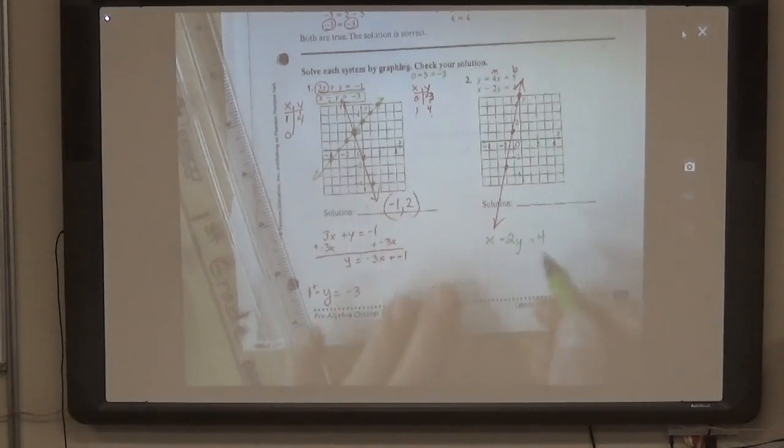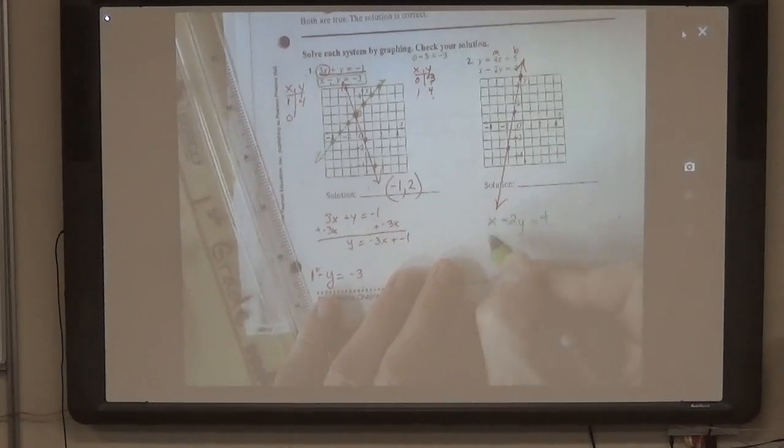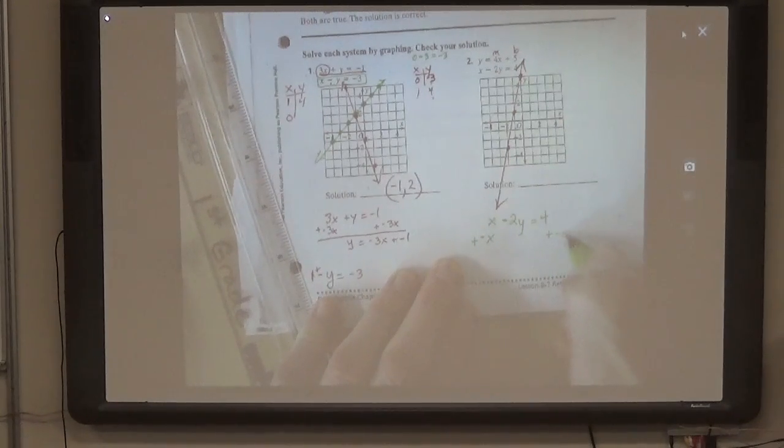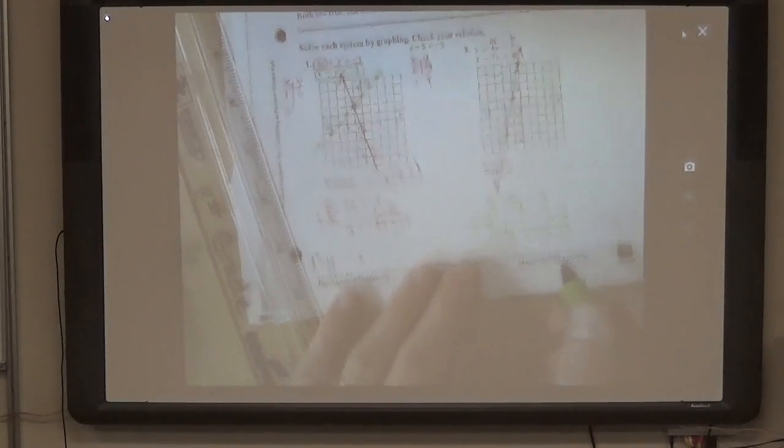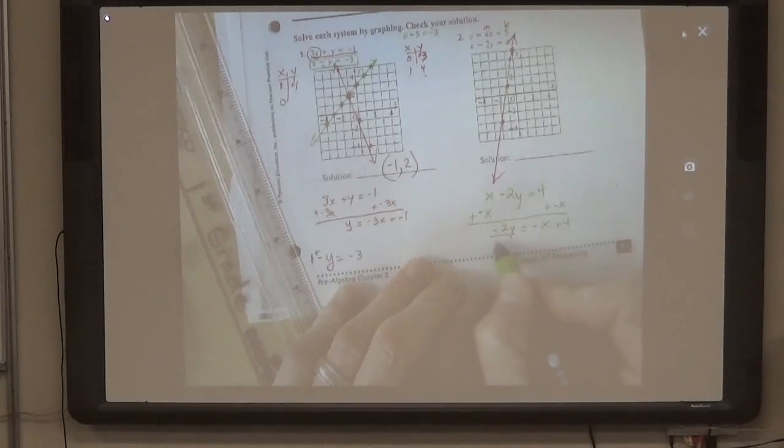Okay? So you know you got to get the y by itself. So add negative x to both sides. Then negative 2y equals negative x plus 4. So follow along. You copying this? Good. Then we have to get rid of the negative 2, so divide everything by negative 2.